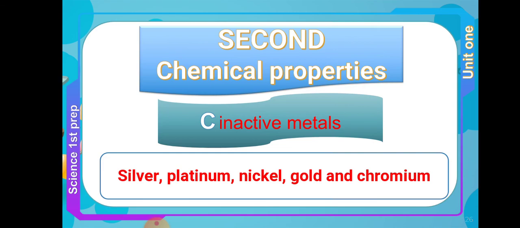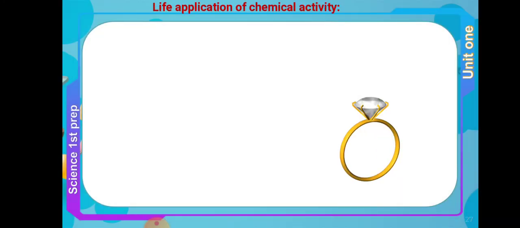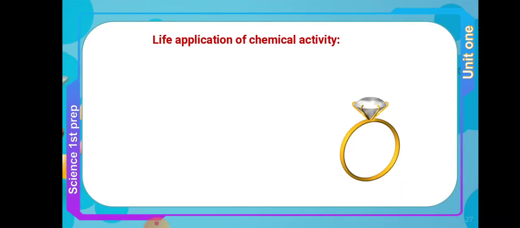The third type of chemical properties of matter is inactive metals such as silver, platinum, nickel, gold, and chromium. They are inactive metals. They keep their shine.